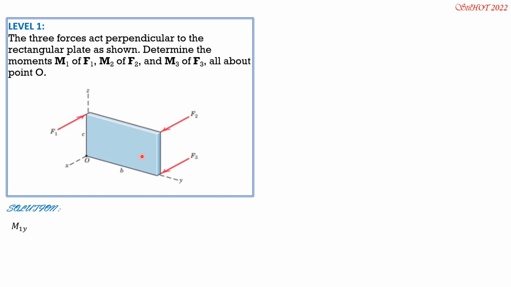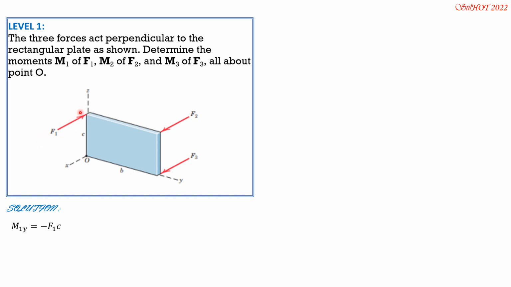So again, your right thumb should be on the positive y-axis. You curl your forefingers, it will be in this sense. But the moment of F1 is opposite, so that's why it is negative F1C. Moment about OX is 0 because it is parallel. It was discussed on the door, remember?